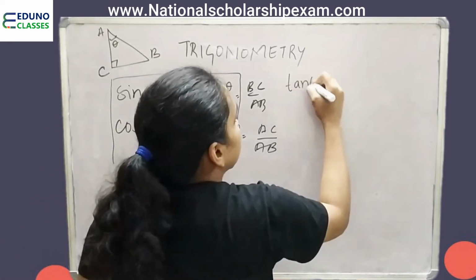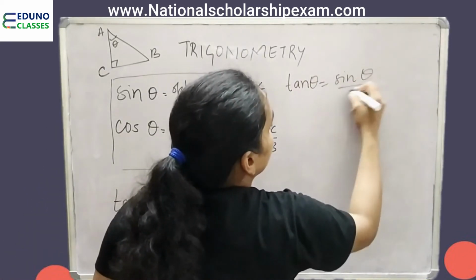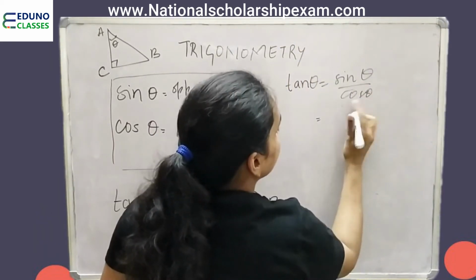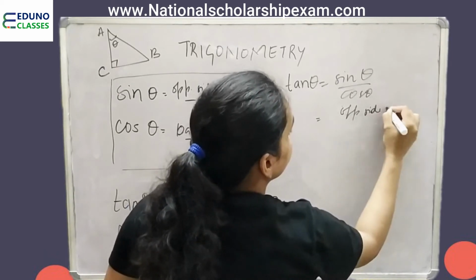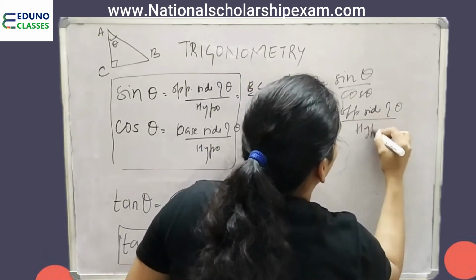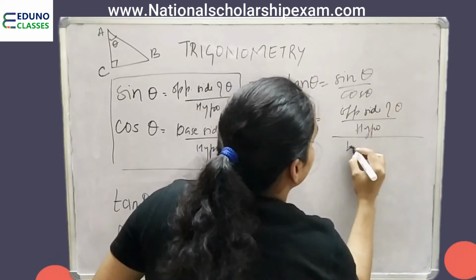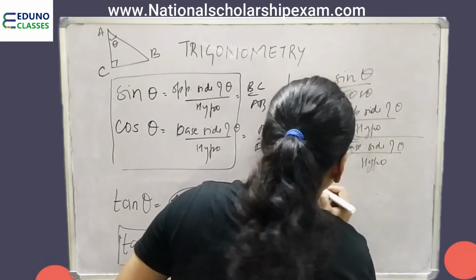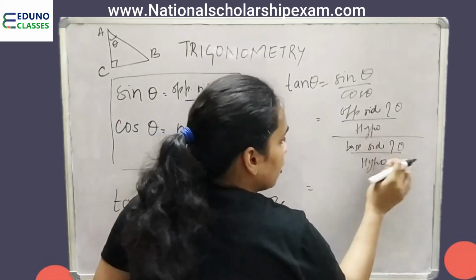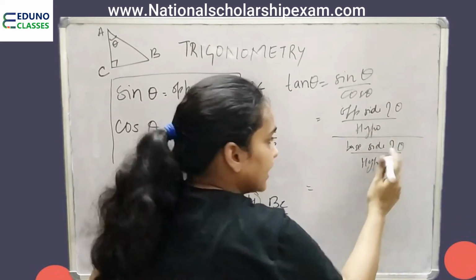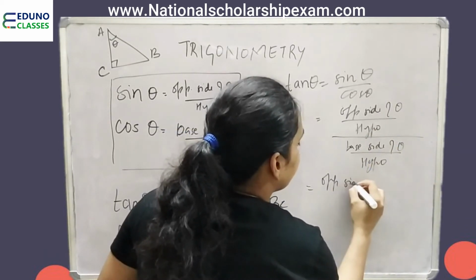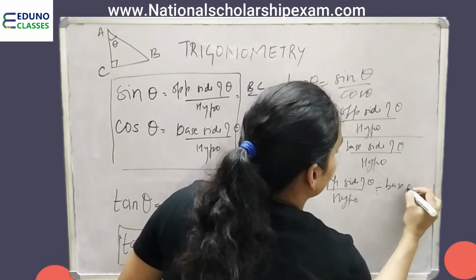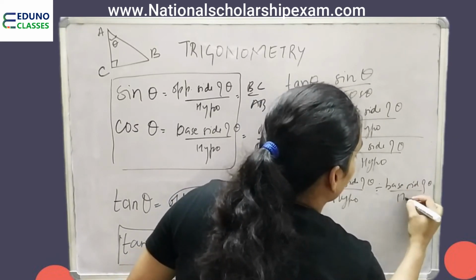I can also explain this using the following. Tan theta is equal to sin theta upon cos theta. We know sin theta is the opposite side of theta upon hypotenuse, and cos theta is the base side of theta upon hypotenuse. Now this will go up, so it will get inverted. Opposite side of theta upon hypotenuse divided by base side of theta upon hypotenuse.